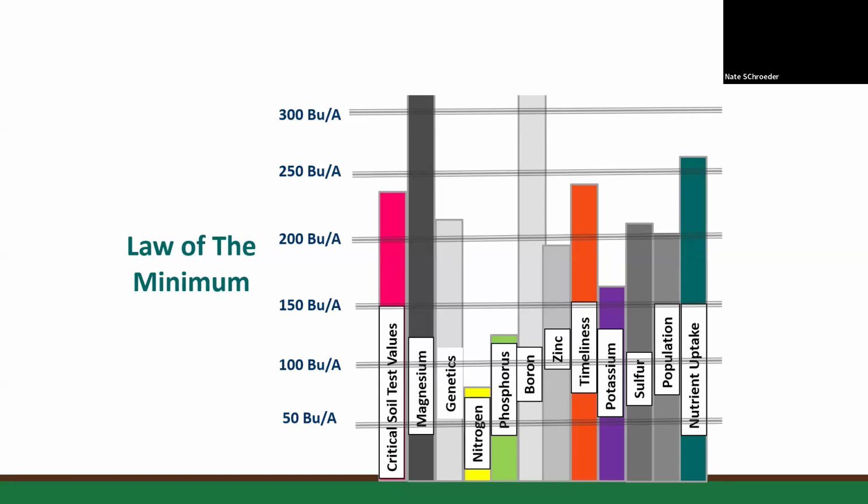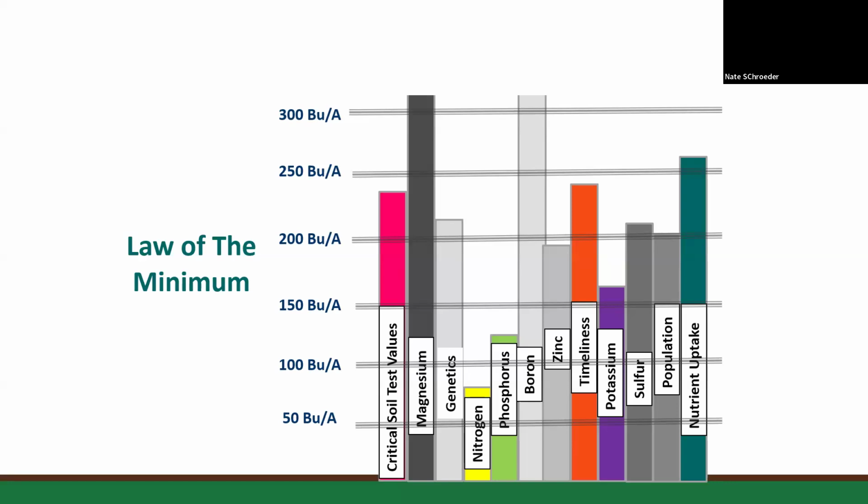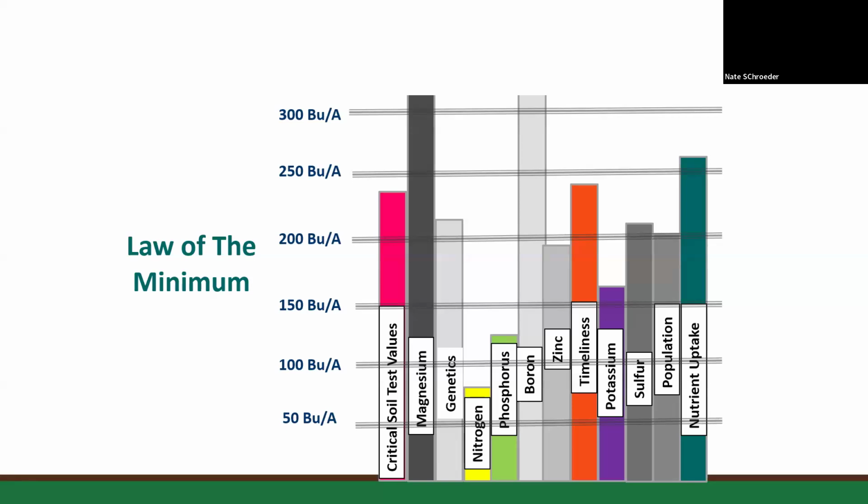If you have a base saturation of 97% calcium, some of the things that I say and you go try might not work. If you have a base saturation of 22% magnesium, some of the things I say might not work.